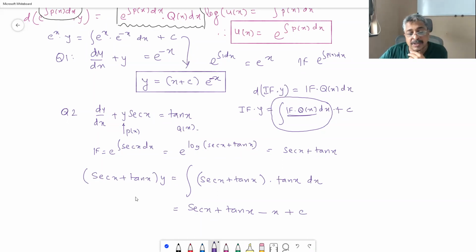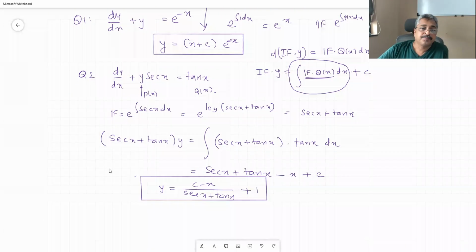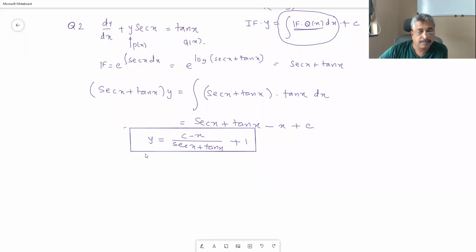And you express this as what? y is equal to c minus x upon sec x plus tan x overall plus 1. This is your answer. Okay. Question 3.